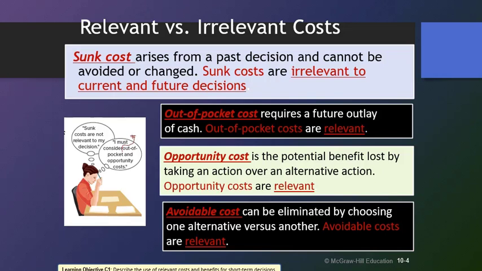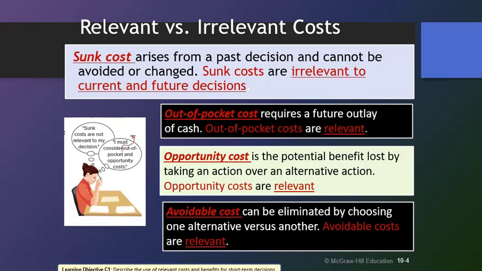Out-of-pocket costs require a future outlay of cash, and they are relevant for decision making. For instance, the cost of a future phone purchase is relevant when you're deciding whether or not to replace a phone. Now, opportunity cost is very interesting, okay?